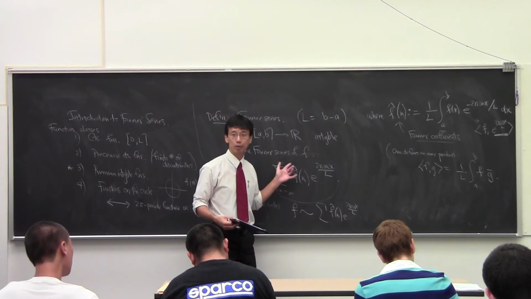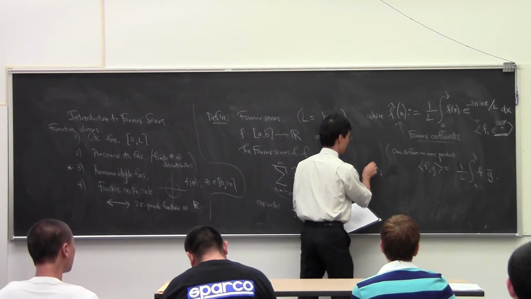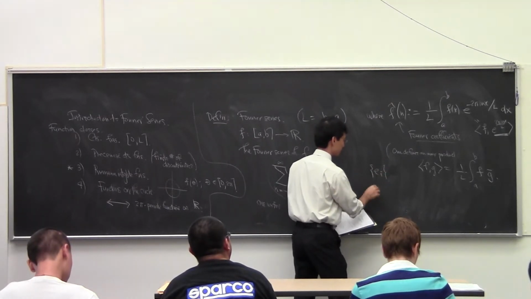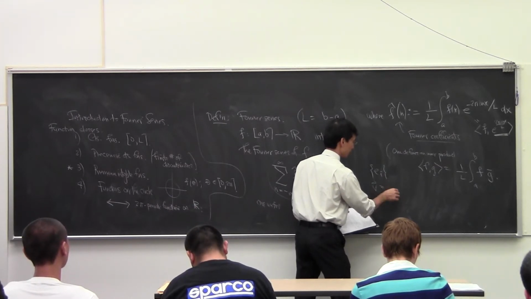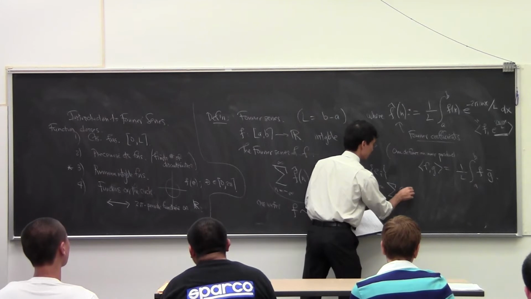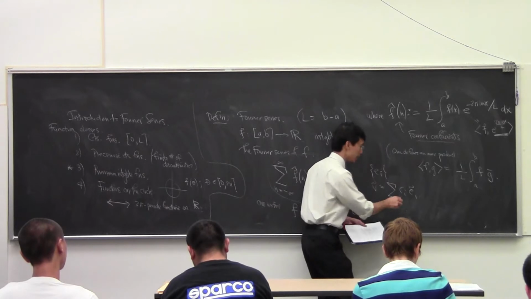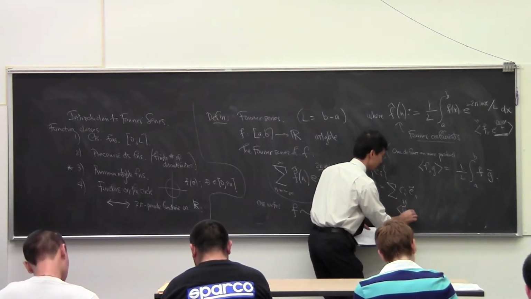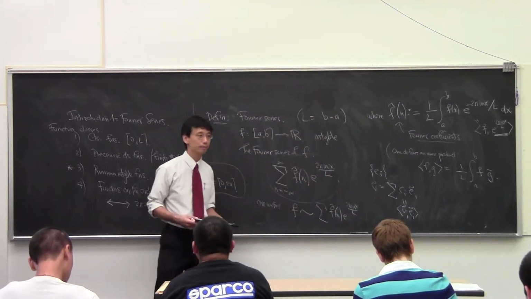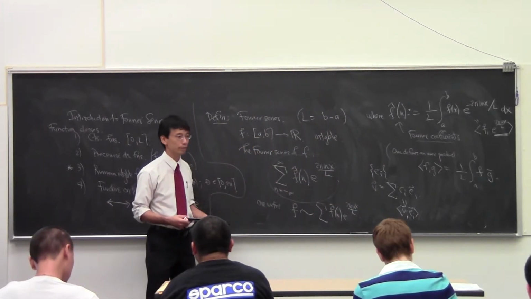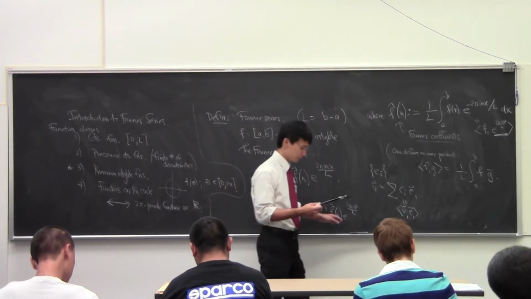So this is just like you've got an orthonormal basis, and you take some vector, and you know that the vector is some combination of the orthonormal basis. Well, what are these coefficients? You know what they are, right? The coefficients are the inner product of the vector against each basis vector. And so this is exactly what we're doing here, except it's infinite. There's an infinite number of basis functions.